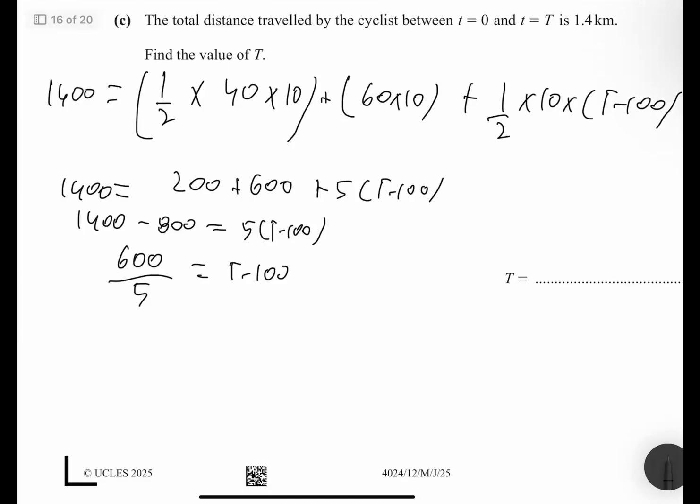So 600 divided by 5 is equal to 120. Then we take 500 to the other side, and that would give us 620.